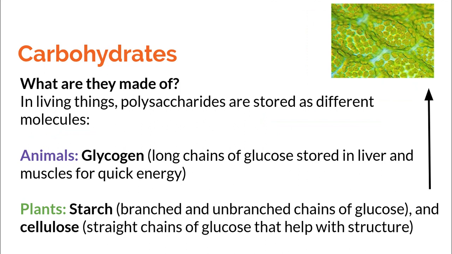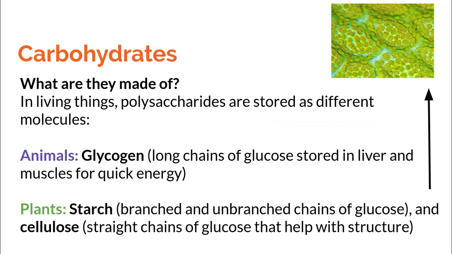In plants, we have two examples of polysaccharides. We have starch. These are branched and unbranched chains of glucose. If you remember, when plants are making their food through photosynthesis, they take in water and carbon dioxide, and they release oxygen and make glucose. That sugar is their food.